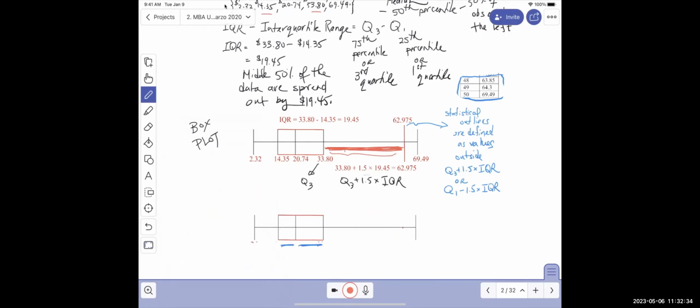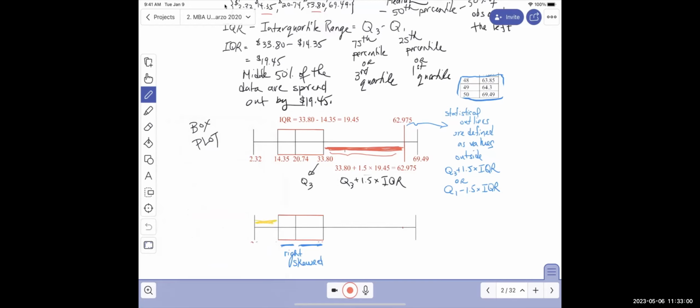Now, is that symmetric within the box? It's not in the middle, right? So we say that in the box, it's right skewed. Then we look at the whiskers outside and I compare this one. Well, I'll use a different color in case you look at this later.